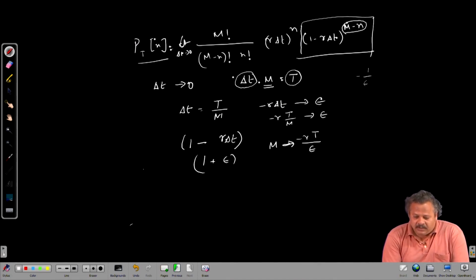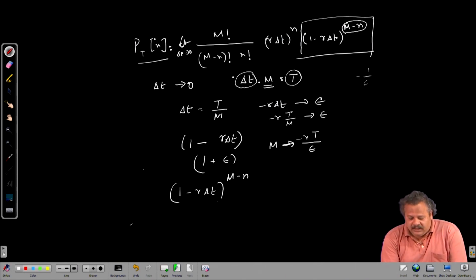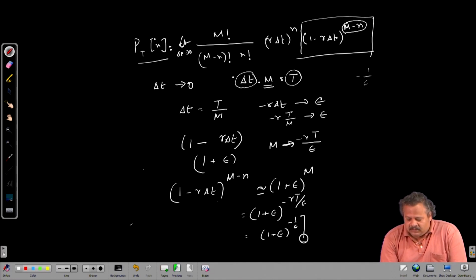So, the term 1 minus r delta t to the power m minus n can now be replaced by, as above, 1 plus epsilon to the power approximately m, where m can be replaced by minus rT by epsilon, that is 1 plus epsilon to the power minus rT by epsilon, which is (1 plus epsilon to the power 1 by epsilon), this whole to the power minus rT.